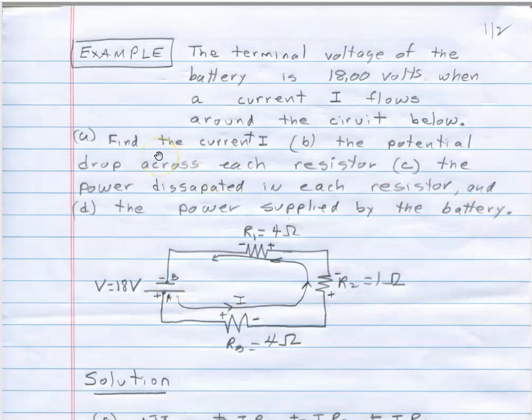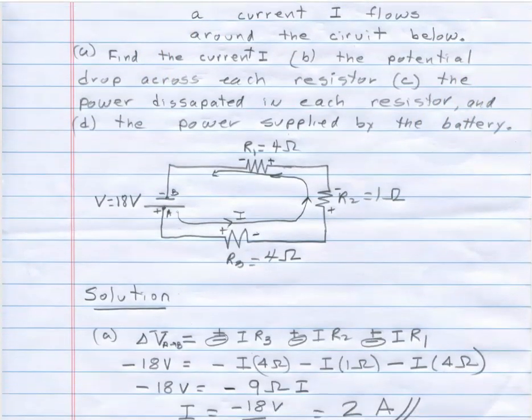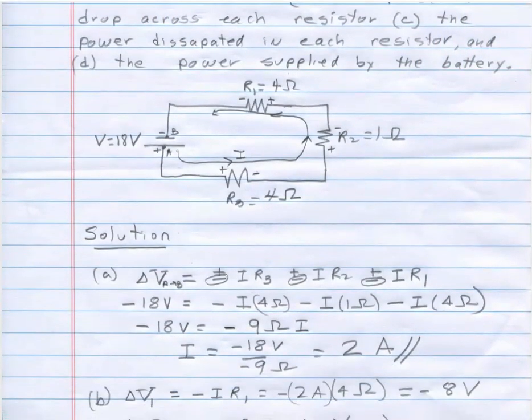And then we're asked to find A, the current, B, the potential drop across each resistor, C, the power dissipated in each resistor, and D, the power supplied by the battery. I'll do this one in some detail. As I go from A around to B, I know the total potential difference from A to B is a drop, right?